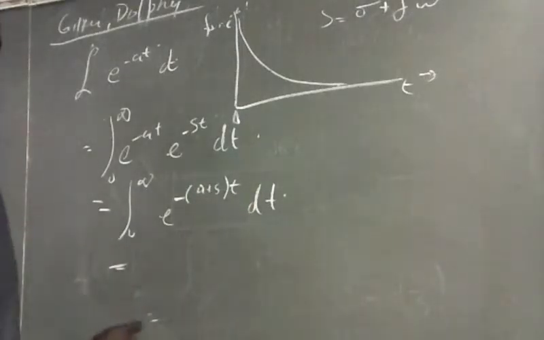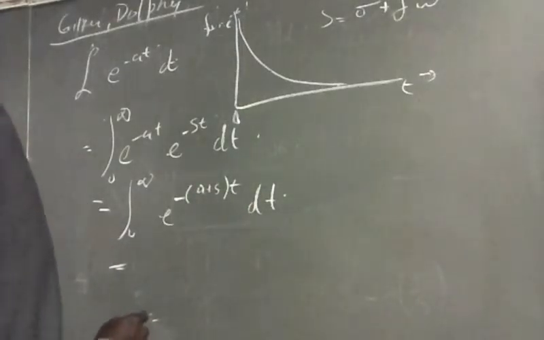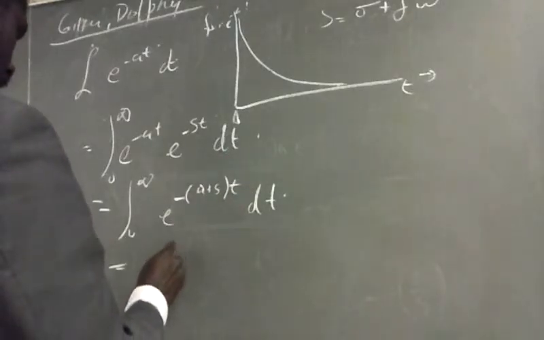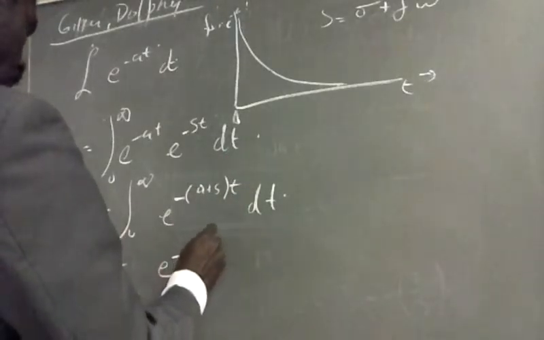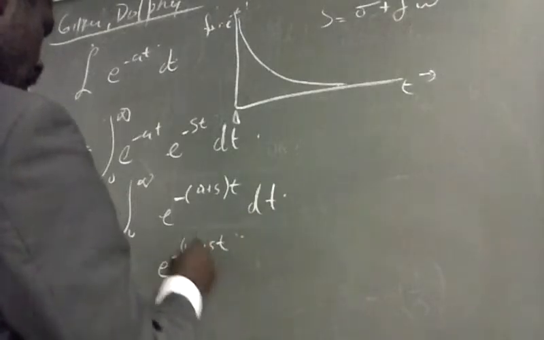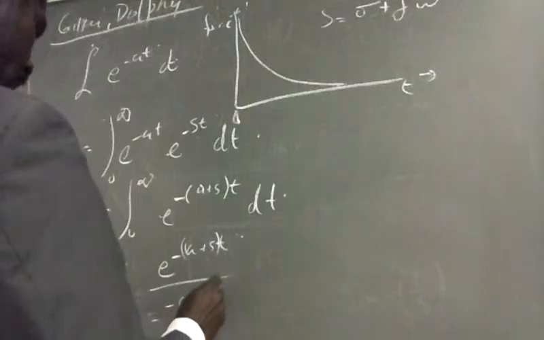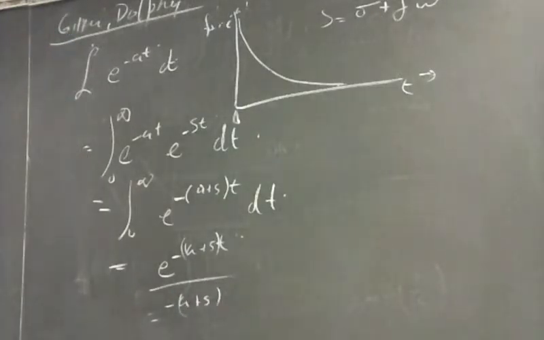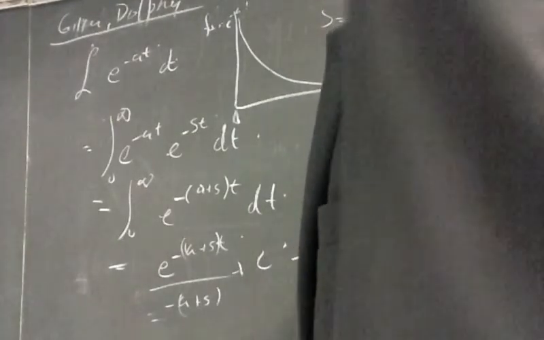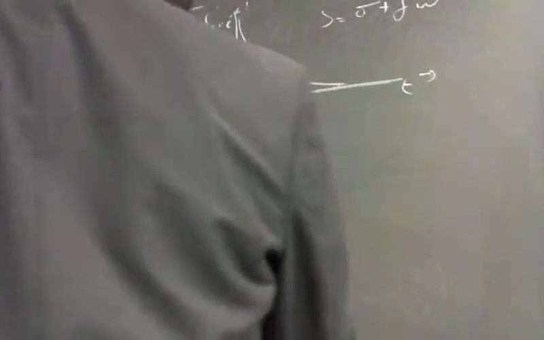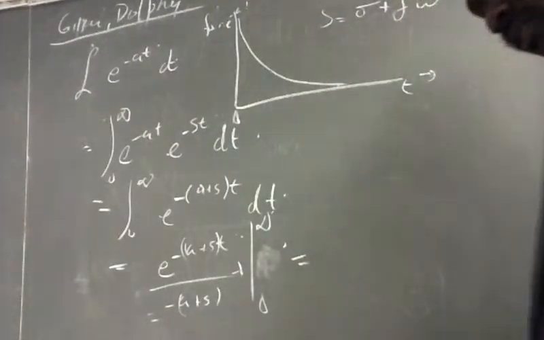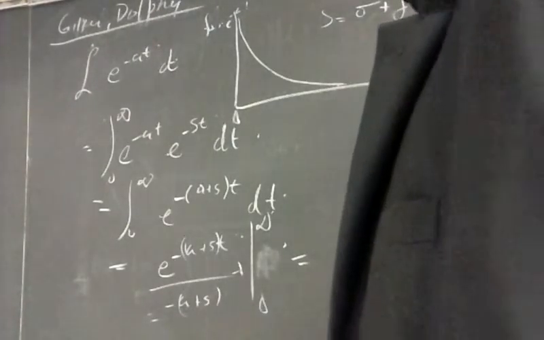If we integrate that now, we get back the same function, e to the minus (a plus s) t, divided by minus (a plus s), taken from 0 to infinity. The constant is going to disappear, so let's take it out.